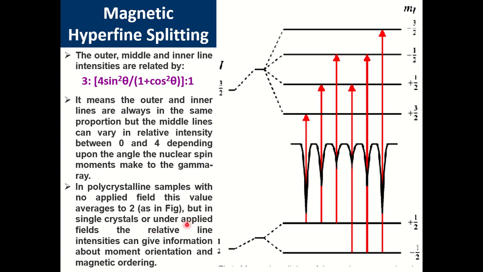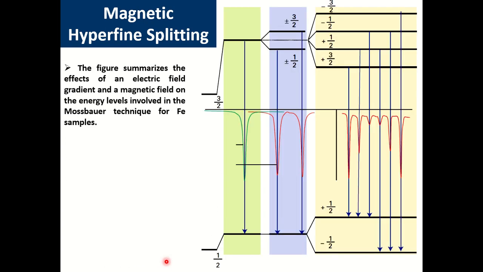But in single crystals, or when you apply a field to polycrystalline samples, the relative intensity may be different and will depend on the orientation. This can be different, and it will give you information about the orientation of the magnetic moment and the ordering.